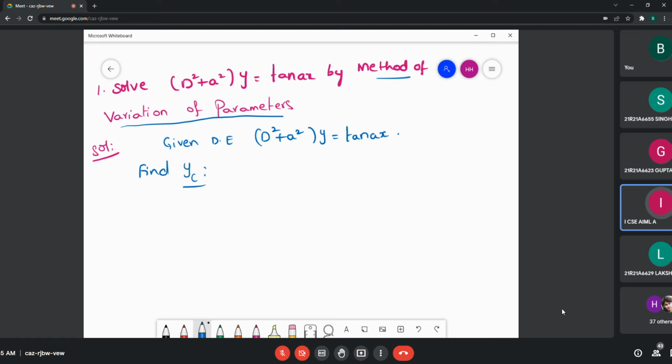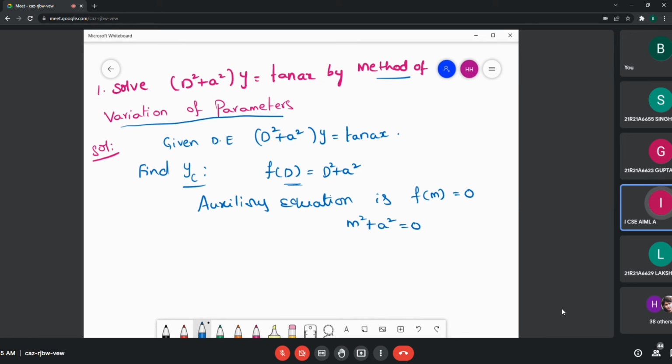So first of all, what is f of d here? f of d is equal to d square plus a square. So we have to write the auxiliary equation. The auxiliary equation is f of m is equal to 0. Already we know f of d, so substitute d by m here: m square plus a square is equal to 0. Then what are the roots here?